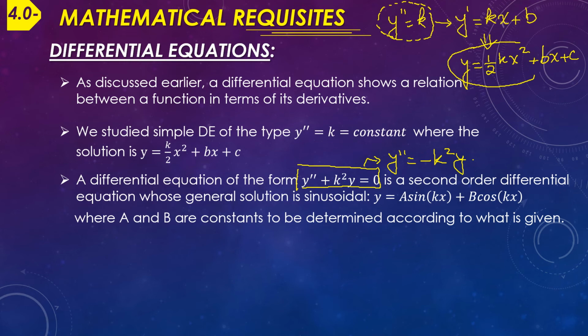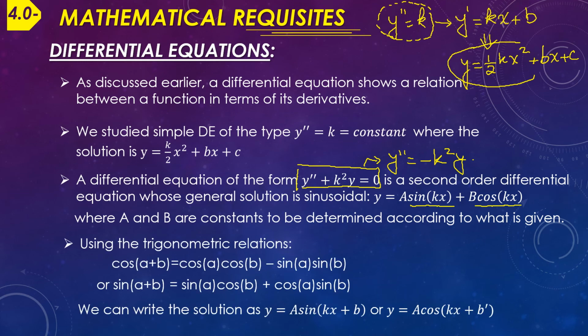Such a differential equation has a solution which is always sinusoidal. y equals A sine kx plus B cosine kx. A and B are constants because, you know, trigonometric functions, whether they are sine or cosine, upon deriving twice, we get minus the original function. That's why we have written a combination of both sine and cosine.